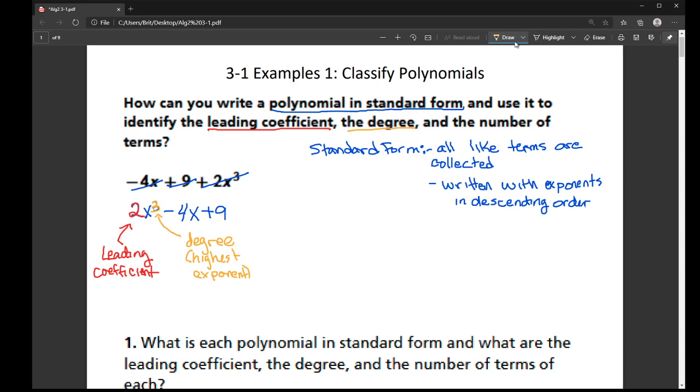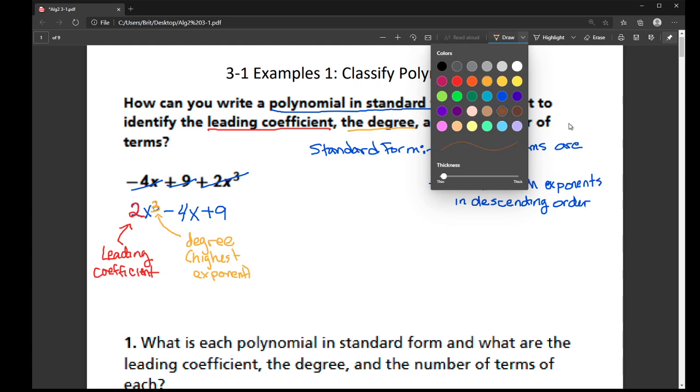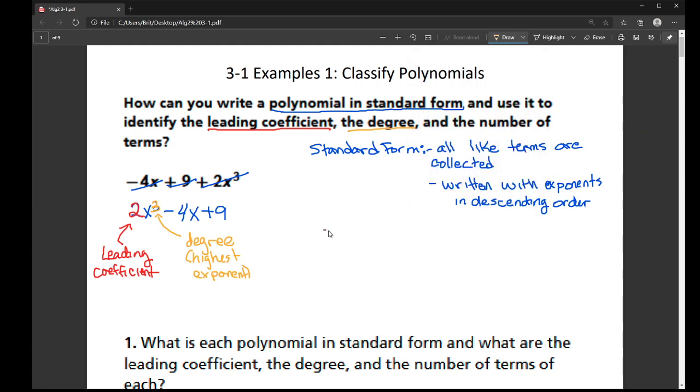Now the number of terms, I'm going to define term. A term is a monomial which is usually separated by addition or subtraction.